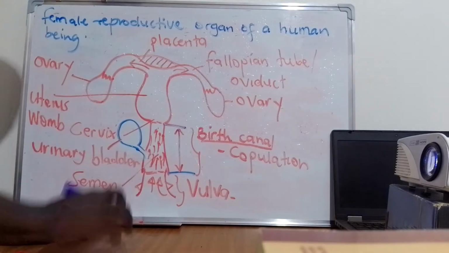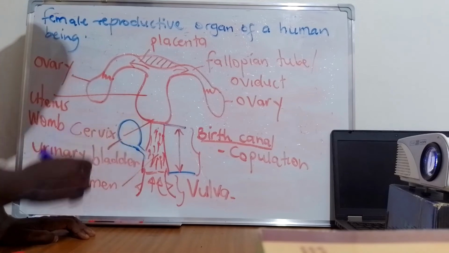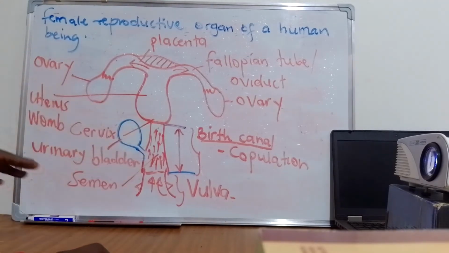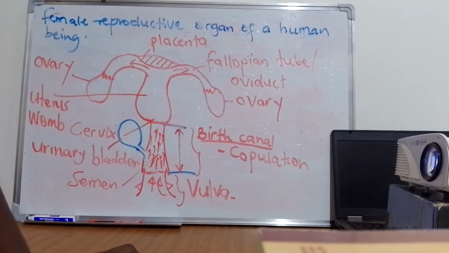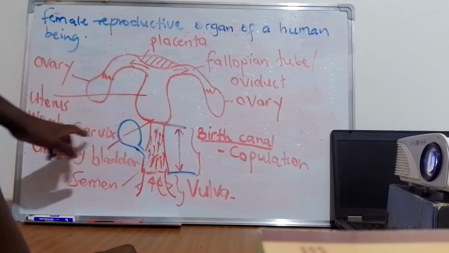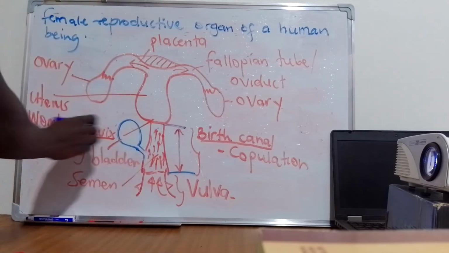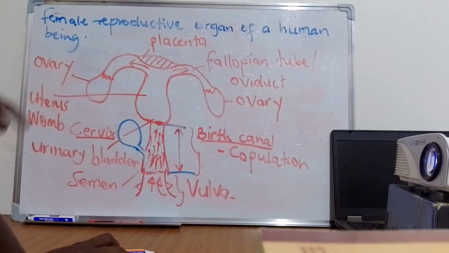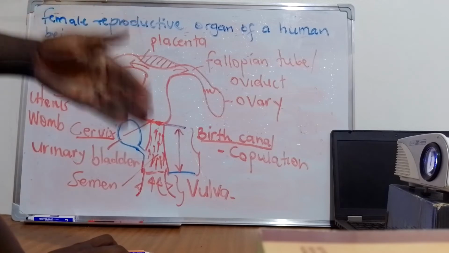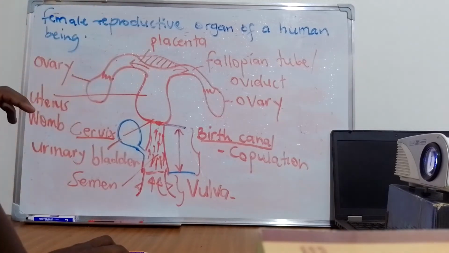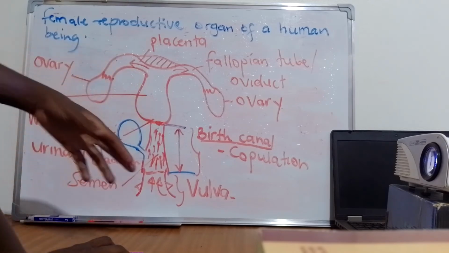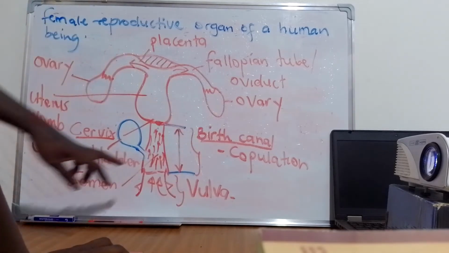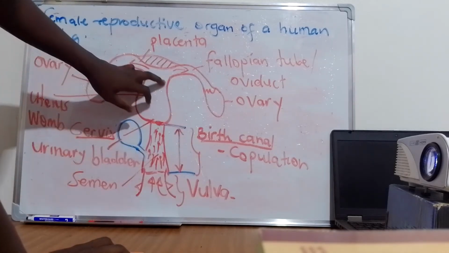Good. This place that we have called the cervix is always open until the woman is pregnant. When the woman is pregnant, the cervix closes. The lower end of the uterus is closed. It is the number one sign of pregnancy. So in case a woman copulates during pregnancy, the semen does not go into the uterus.